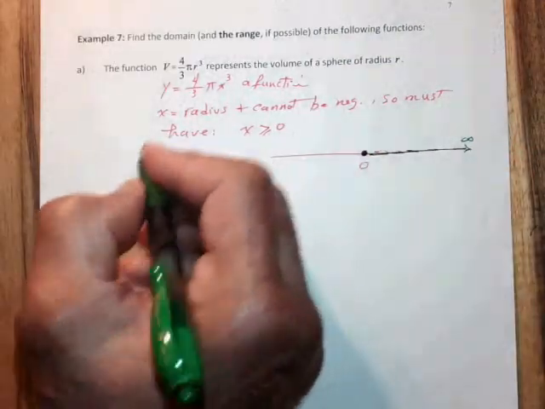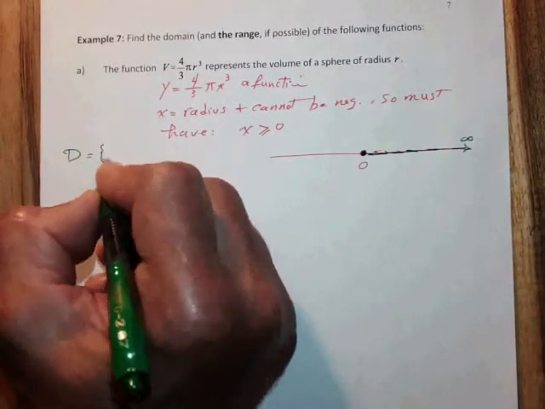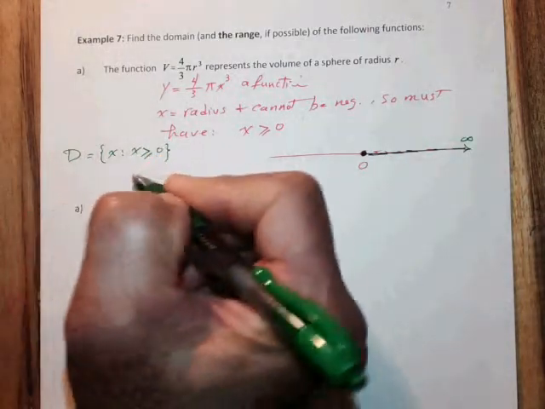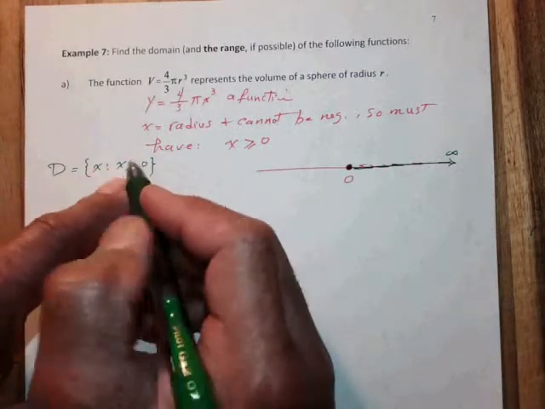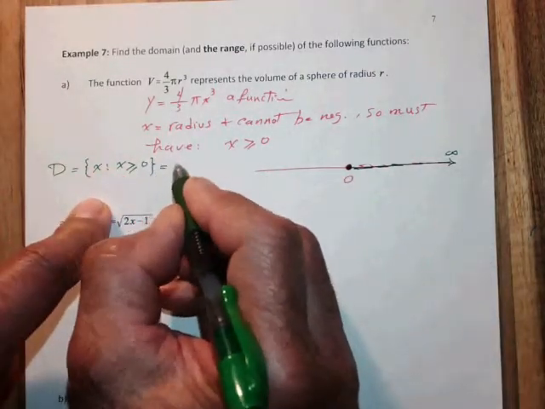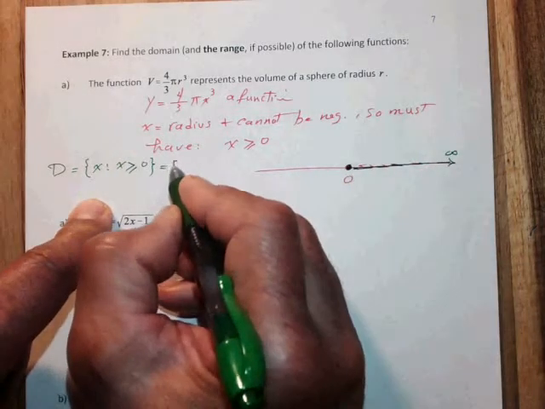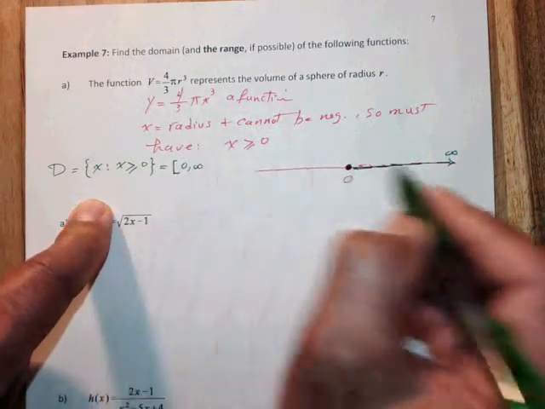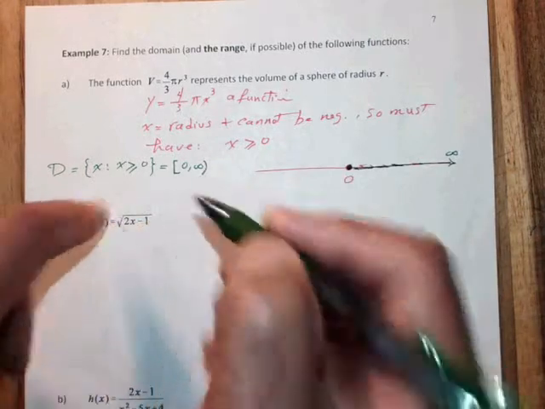So I can write it in two different ways. Domain is equal to the set of all x's such that x is bigger than or equal to 0. This is called set builder notation. Or I can use interval notation, and because the endpoint 0 is included, I use a bracket, 0 to infinity, and because infinity is not a number to include, I put parentheses around it like that.